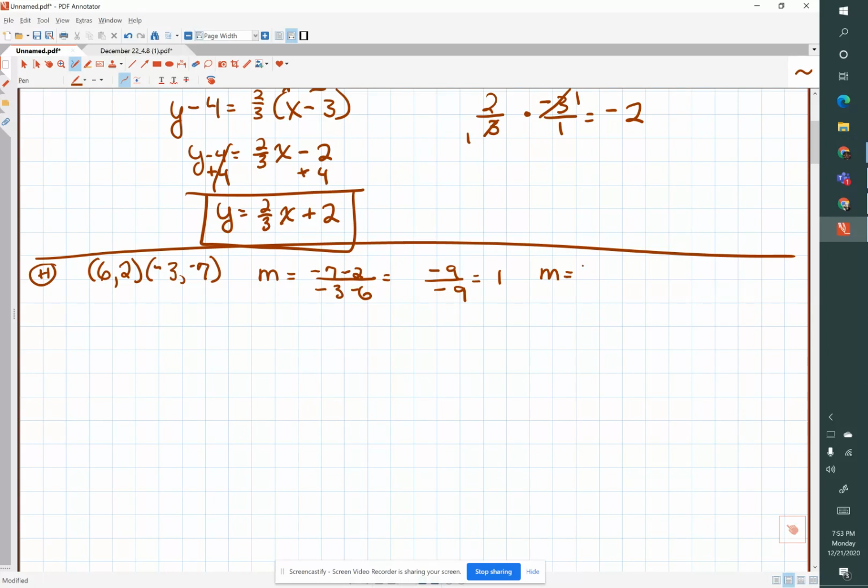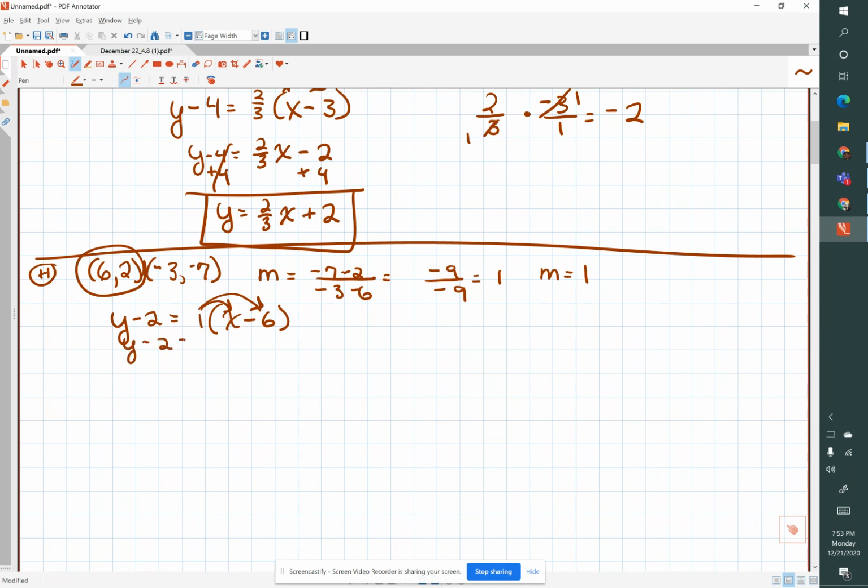So our slope is 1. Now we'll use the point slope formula. Y minus, and here's our point, 2 equals 1 times the quantity of x minus 6. And we just distribute that 1 through.